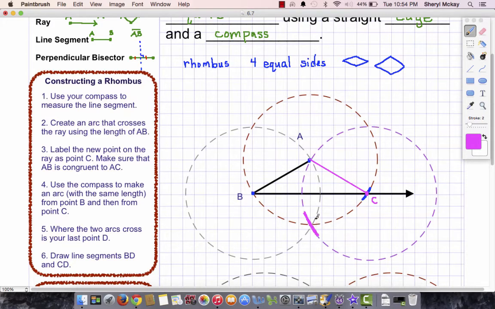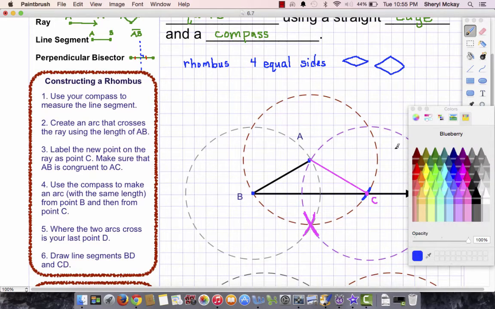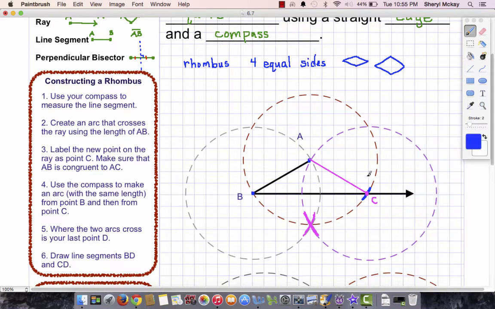And then you're going to keep that same distance, and this time you're going to put your point on B, and follow this gray circle, and the gray circle is going to cross your purple circle right there. And where those two circles have crossed, you've now made point D.